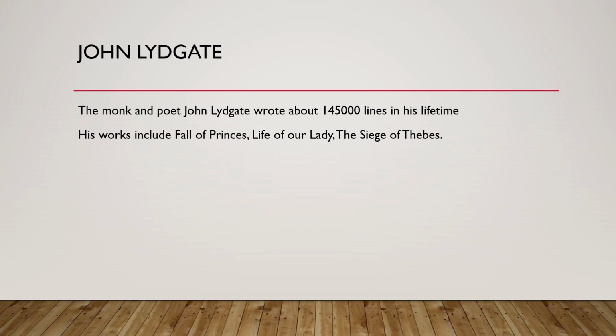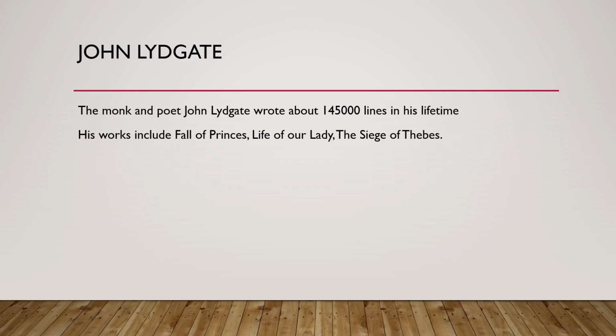John Lydgate. The monk and poet John Lydgate wrote about 145,000 lines in his lifetime. On the Troy Book by Latin writer argues that Lydgate moved beyond Chaucer's Knight's Tale and his Troilus. The Siege of Thebes is a shorter chivalric epic.